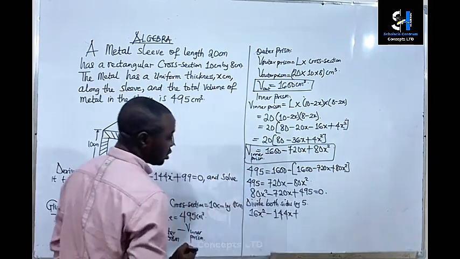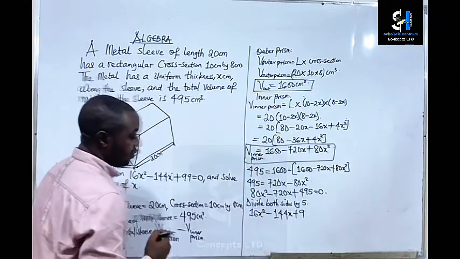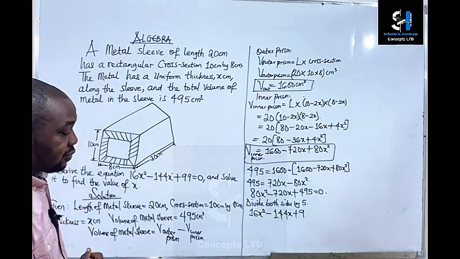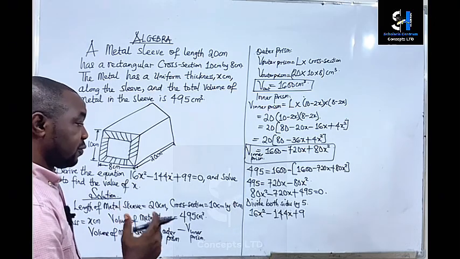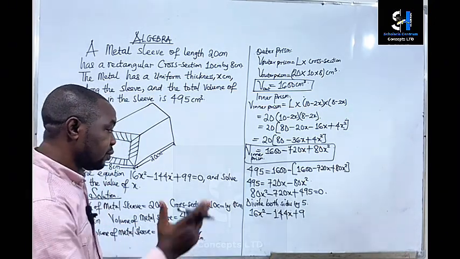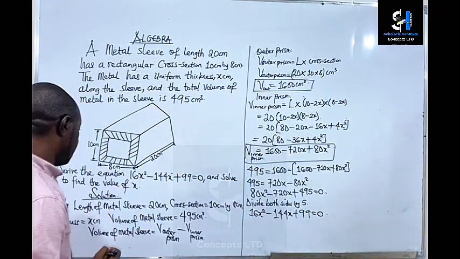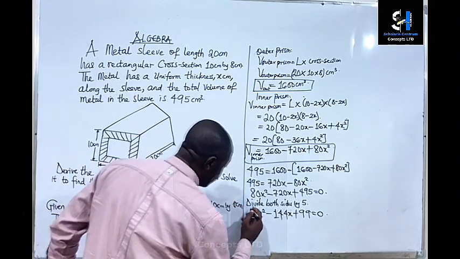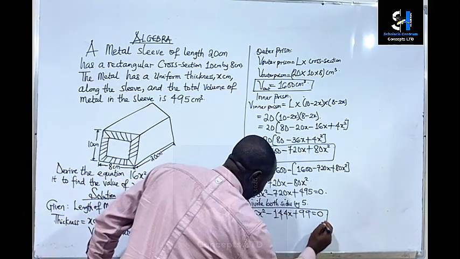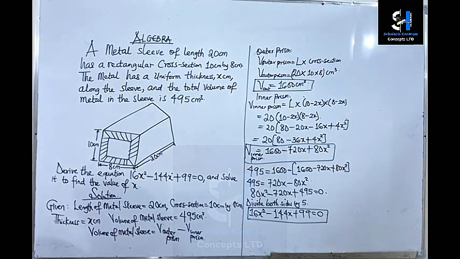Plus, now 495 divided by 5, that will be 99. So this is equal to 0. Okay, so that is the equation. So we just derived the quadratic equation, 16x squared minus 144x plus 99 equals 0.